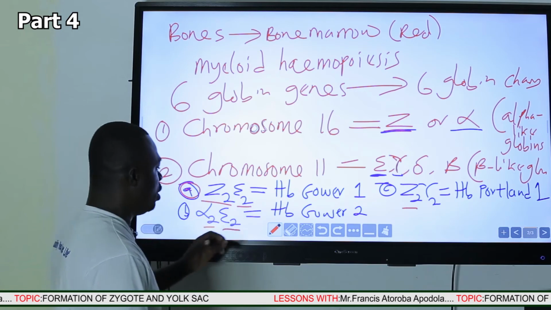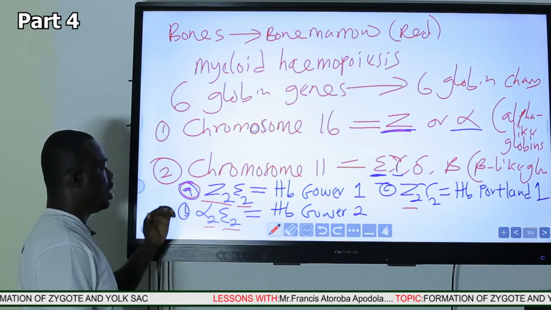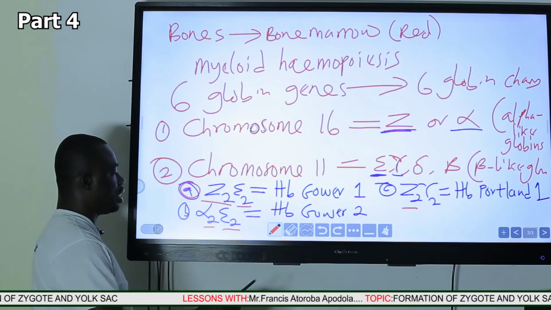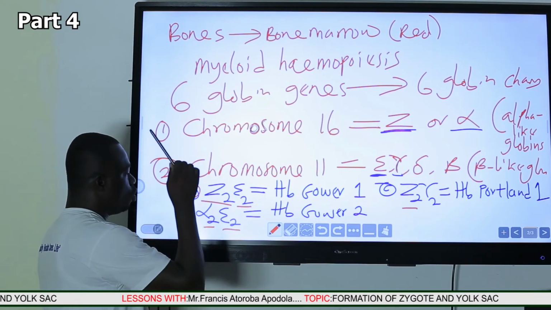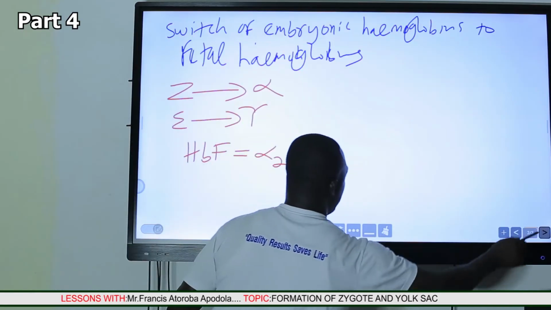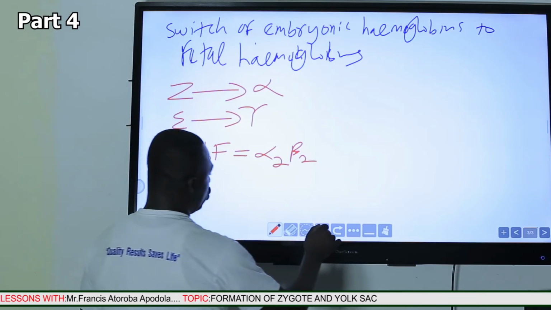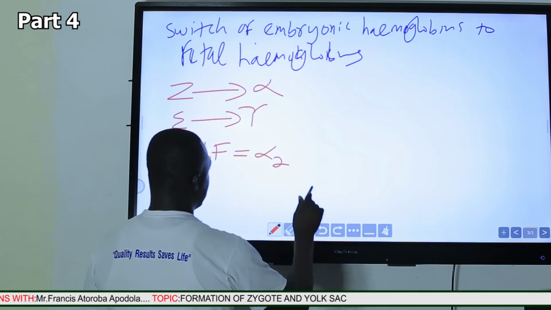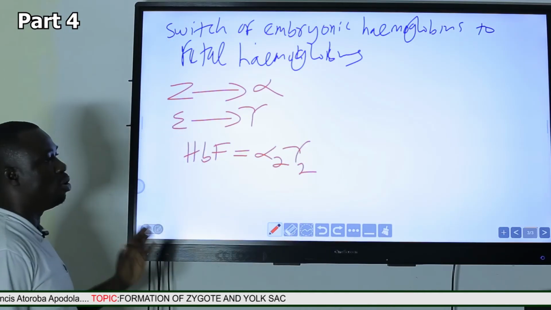So this means that there is going to be only one type of hemoglobin that we'll be getting in the fetal stage, and that hemoglobin is made up of two alpha chains and two gamma chains. And the hemoglobin molecule that is made up of two alpha chains and two gamma chains is called the hemoglobin what?